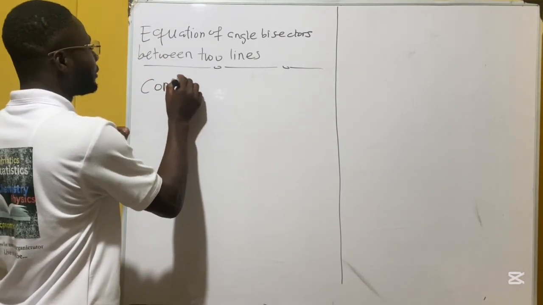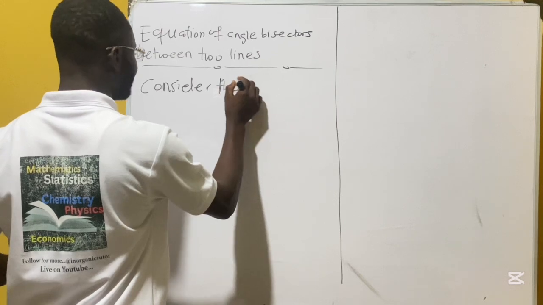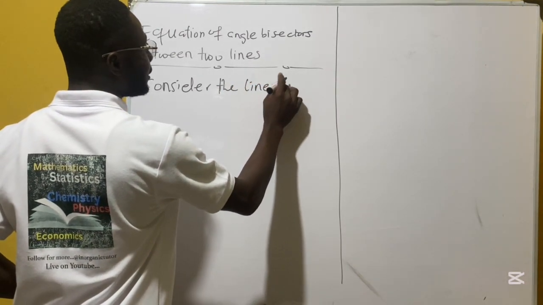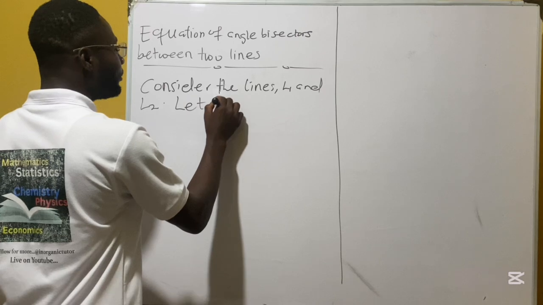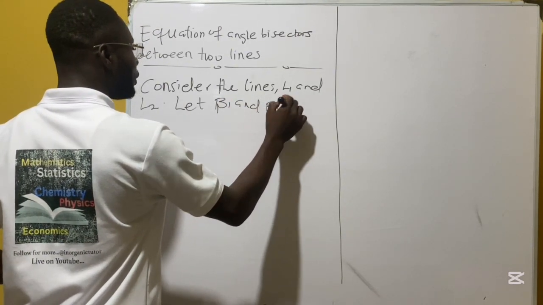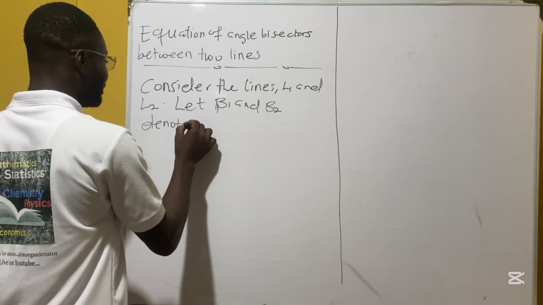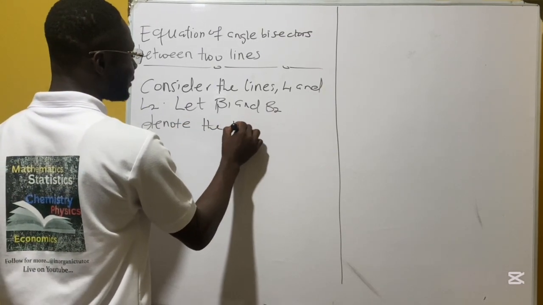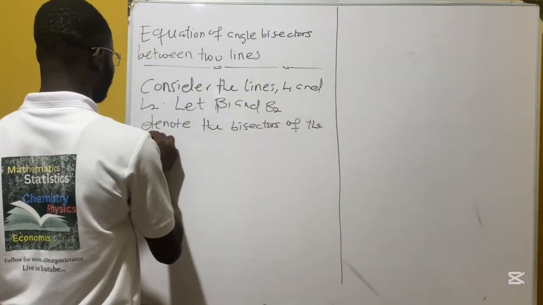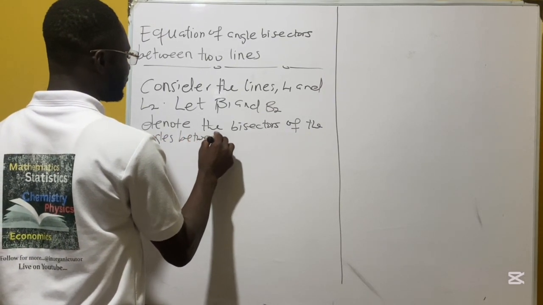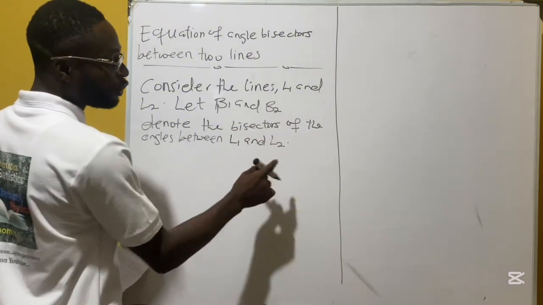So consider the lines L1 and L2, and let B1 and B2 denote the bisectors of the angles between L1 and L2, right?